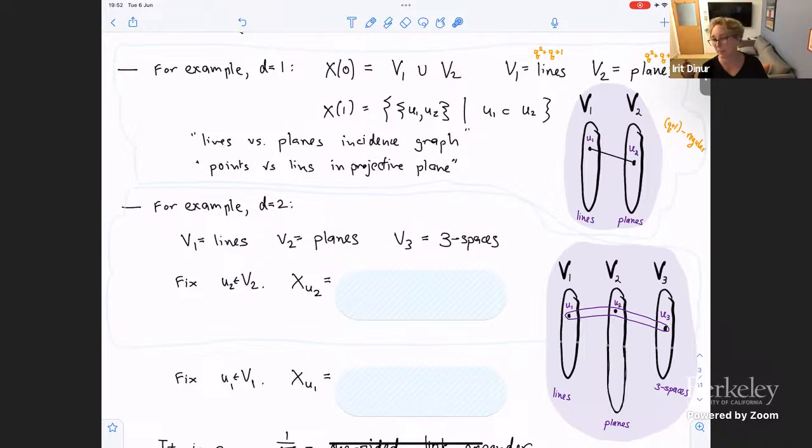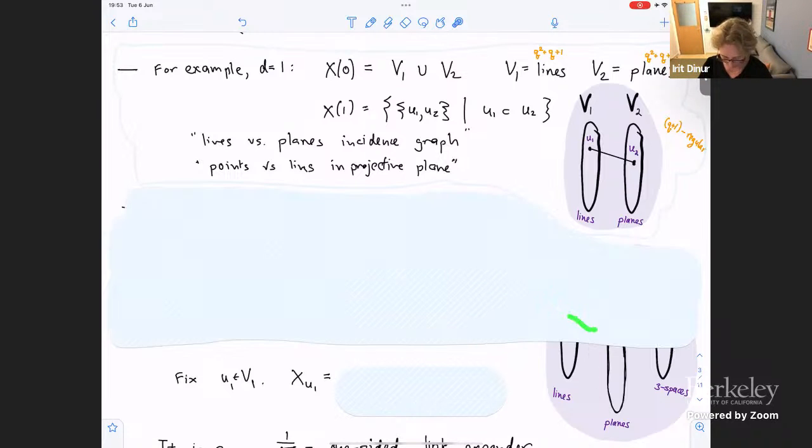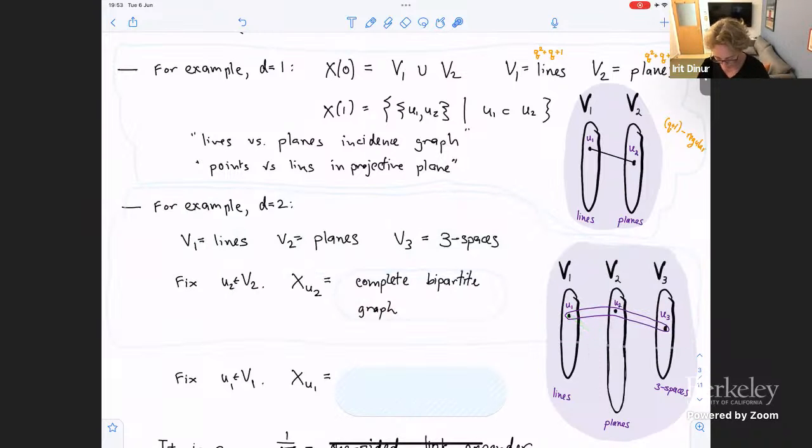There's many more planes in F_q^4. Okay, so the complex is not going to be regular anymore, right? The degree of a vertex U_1 going up is going to be much larger than the degree going down. Okay, that's okay. So let's look at the links of this complex.